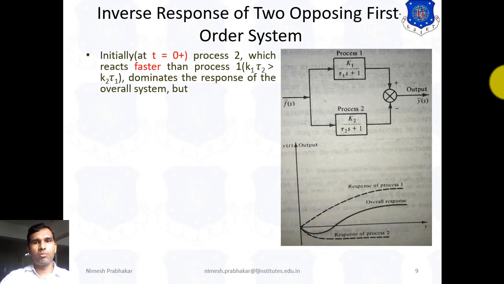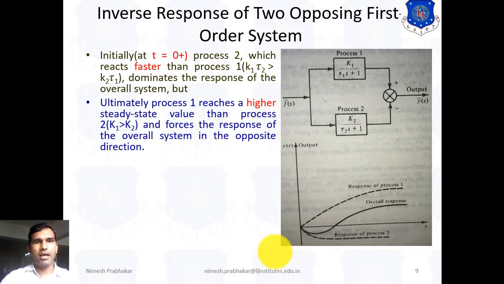Here from this graph we can conclude that initially, at t equals 0 plus, process 2, which reacts faster than process 1, dominates the response of the overall system. That means here it indicates the negative response initially.